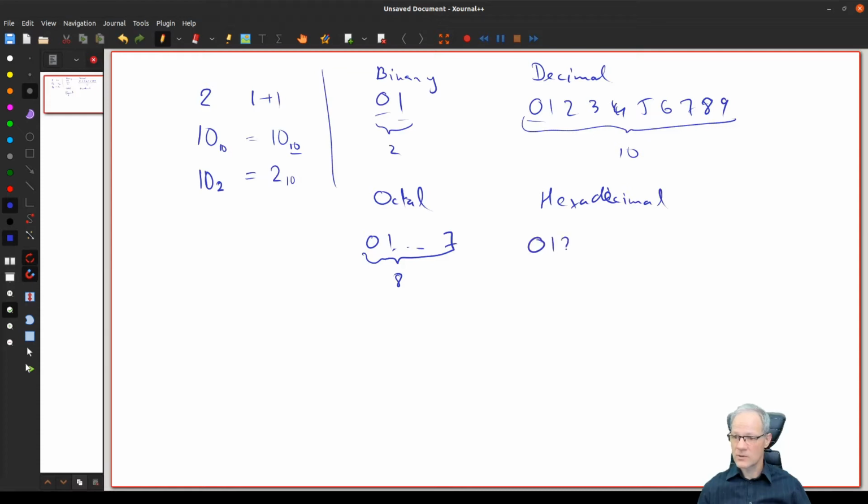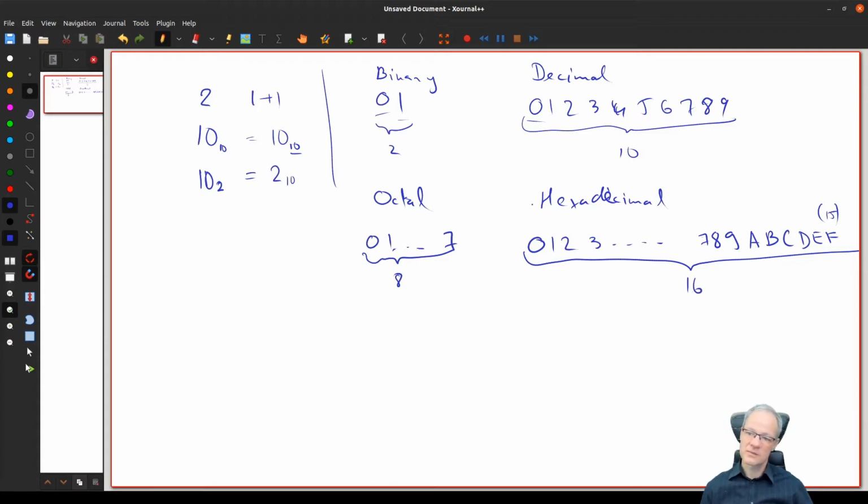Imagine that. 0, 1, 2, 3, 7, 8, 9, and then A for the 10, B for 11, C, D, E, and F for 15, right? So this is sort of the 15th digit. Altogether, there are 16 digits for the hexadecimal system, right?